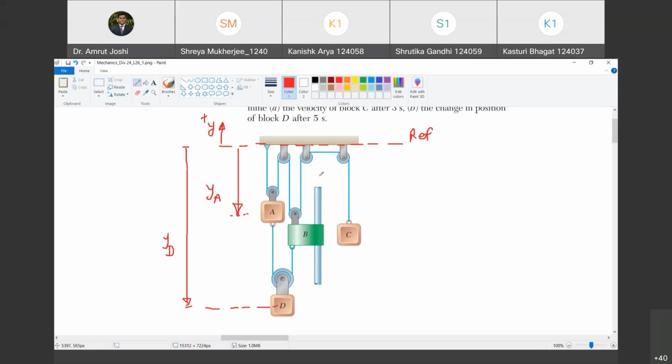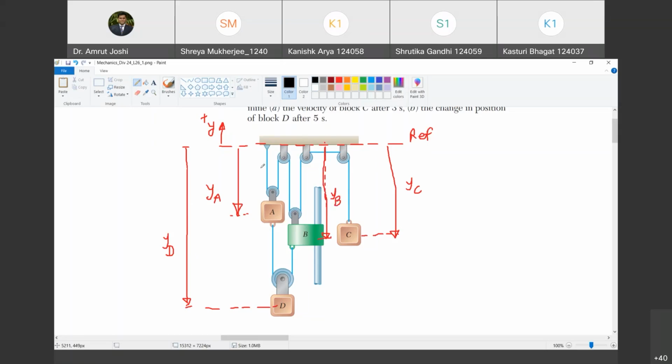These are functions of time. Are you with me? Yes, sir. Then this is the position of block C. I'm going to call it YC. And the position of block B, I'm going to denote by the notation YB. Are you with me? Yes, sir.